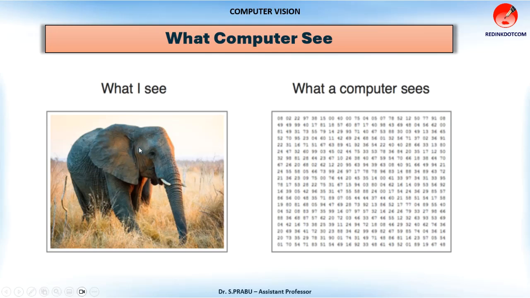If it is a color image, the information can be stored as a combination of RGB value numbers. If it is a black and white image, the numbers can represent black, white and different shades of gray. So, from the computer's point of view, any information can be stored as numbers only.